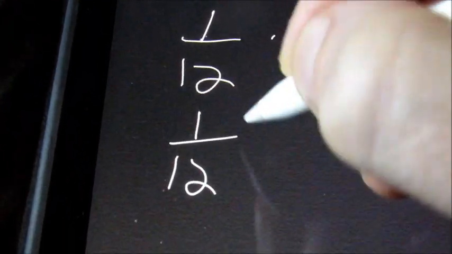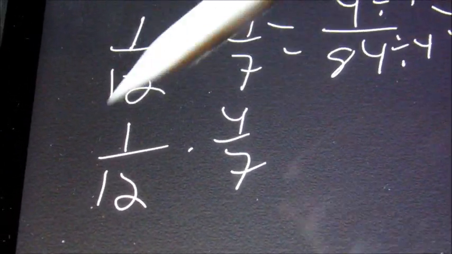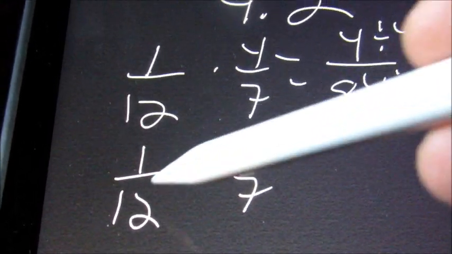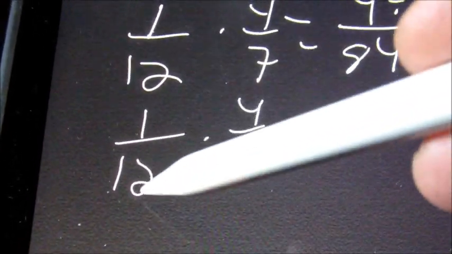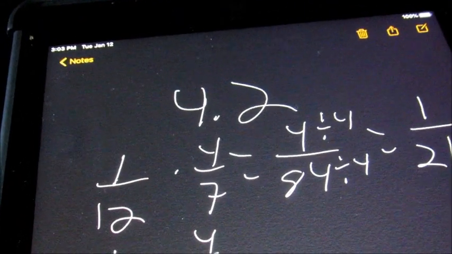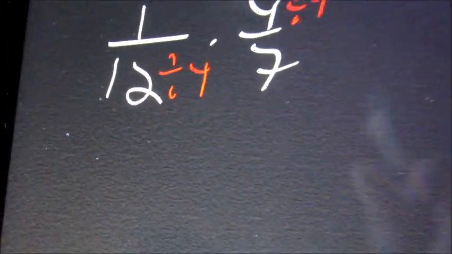So I'm going to do this again, 1 over 12 times 4 over 7. But now, what we can do is compare all of the numerators to all the denominators, and if we can reduce any of them with each other, like here, we can reduce the 4 and the 12 by dividing both by 4. So divide this by 4 and this by 4.